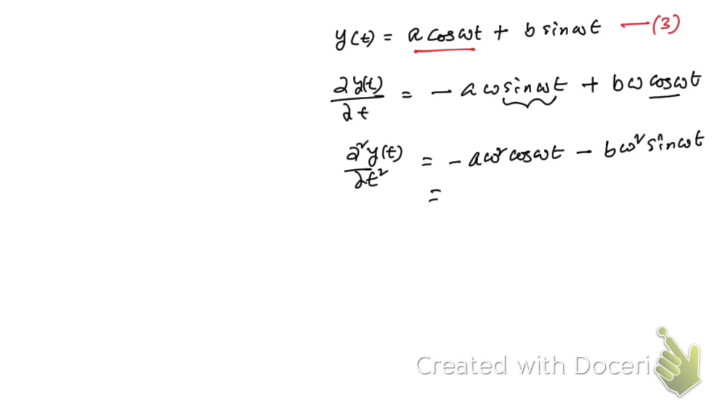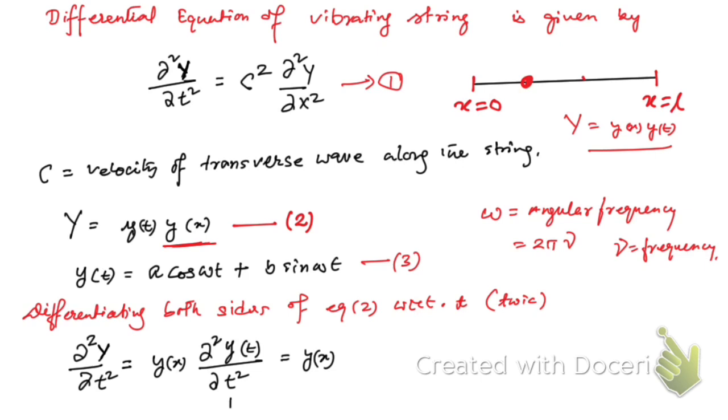You can take minus omega square common, so within the bracket you have a cos omega t plus b sine omega t. Now let me copy this result. Here you see, instead of this, we can write this result.